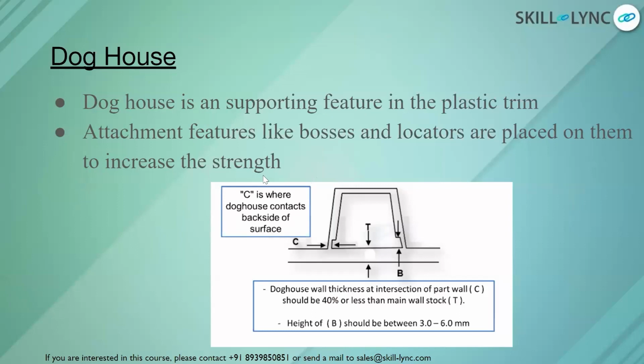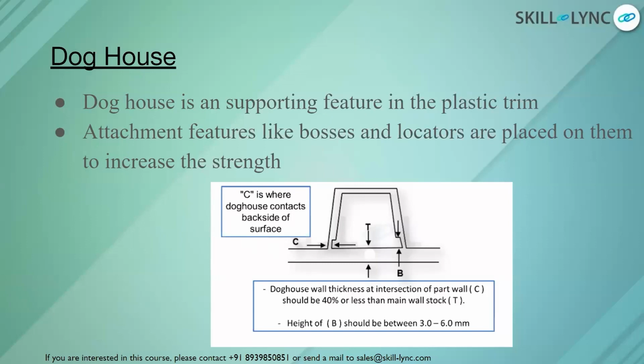Doghouse has its own design criteria. Basically, the draft angle of this component should be a minimum of 0.5 degree to 3 degree accordingly. And you can see a small clearance is required on the bottom, which is given by the letter C. So that should be 40% of the wall thickness.